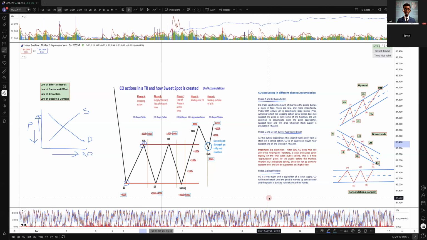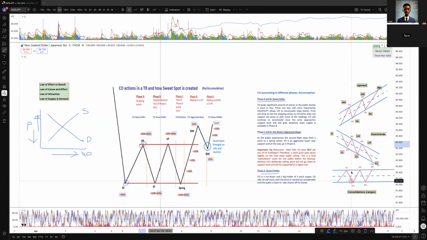So knowing these things, law of attraction, law of supply and demand, cause and effect, here we have a phase B, where they create the cause. They're actually creating a cause. And in the markets, the cause is the size of the structure, the size of that market structure, the size of that consolidation.